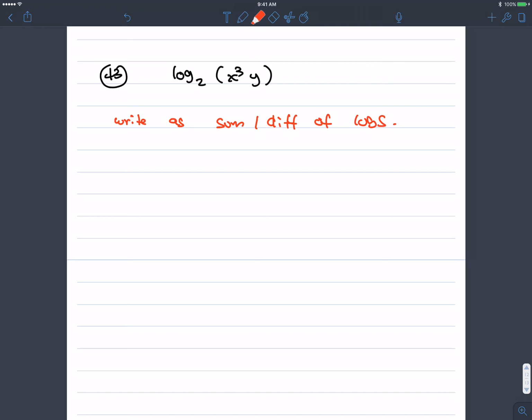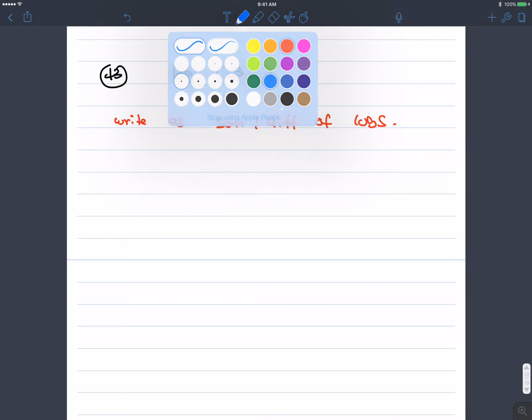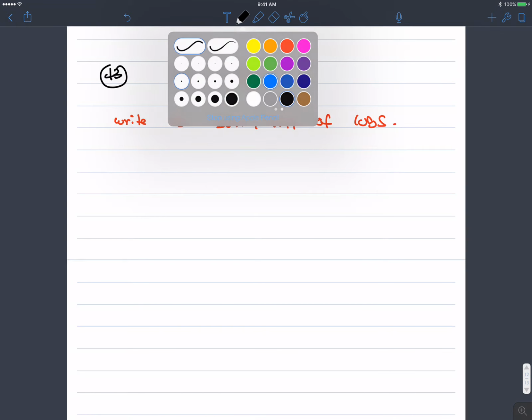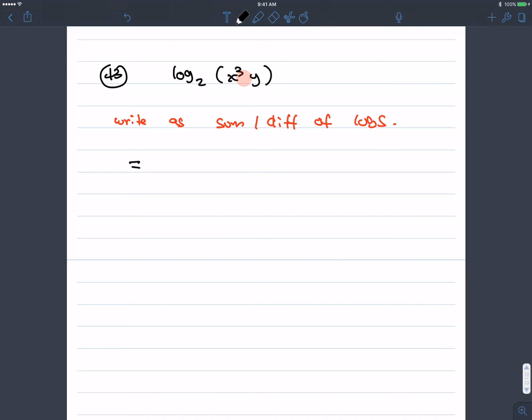So to start off, notice here there's a product. Because there's a product, this can be written as a sum. And then we're almost done.